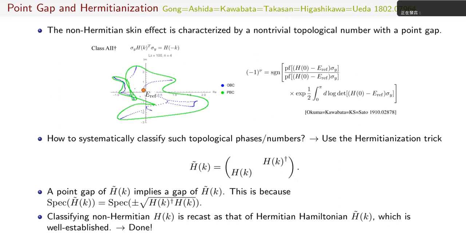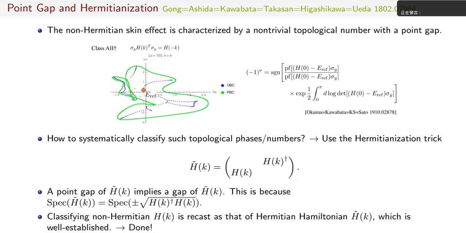Okay, so the motivation is we want to classify this kind of interesting topological phases in non-Hermitian systems. For example, as I explained before, the skin effect originates from some topological number with respect to the point gap.